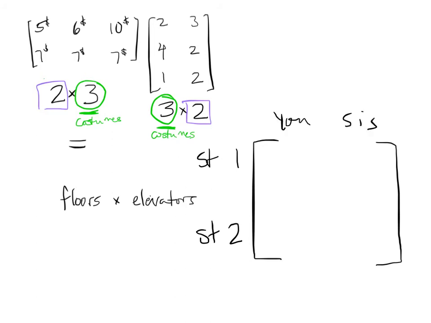In other words, the end matrix will inherit the columns of this matrix and the rows of this matrix, because the rows here represent the first store and the second store, and the columns here represent you and your sister.